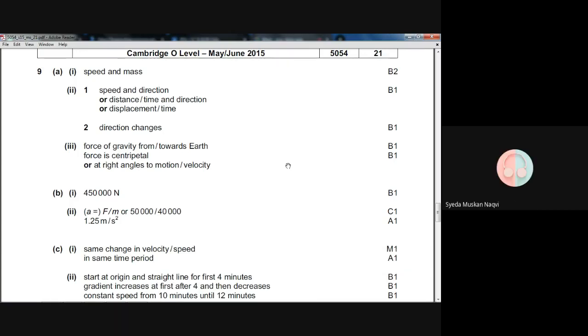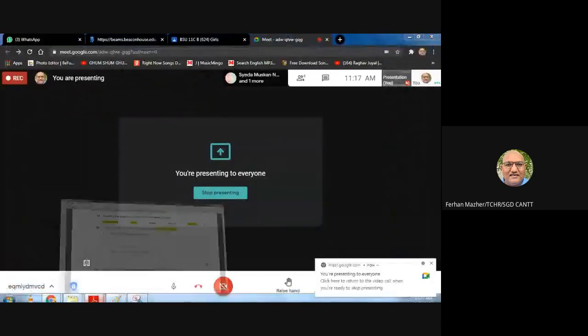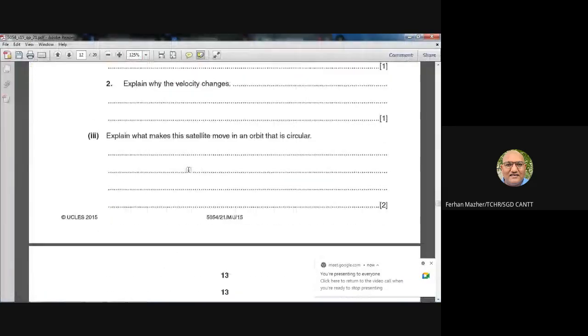Velocity changes due to change in direction of motion, because the thing was traveling in a circular path. Okay, so we are done with this. This was a 1-mark question.